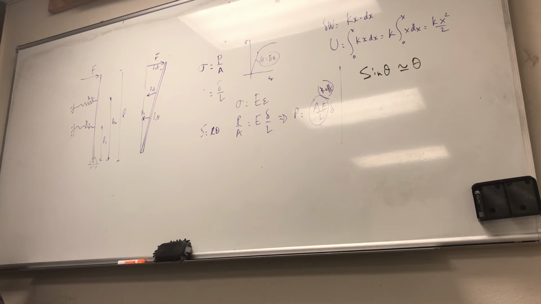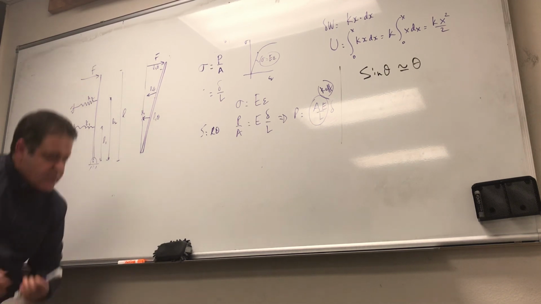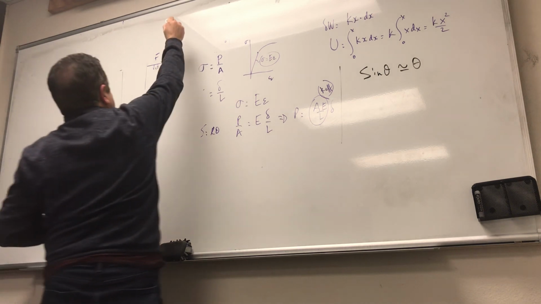for this to be in equilibrium after it deflects, or any time you have equilibrium, well, when you push it this way and it is in equilibrium right here, that means that the sum of the moments is equal to 0. What is the moment created by force F? So it's FL, right?